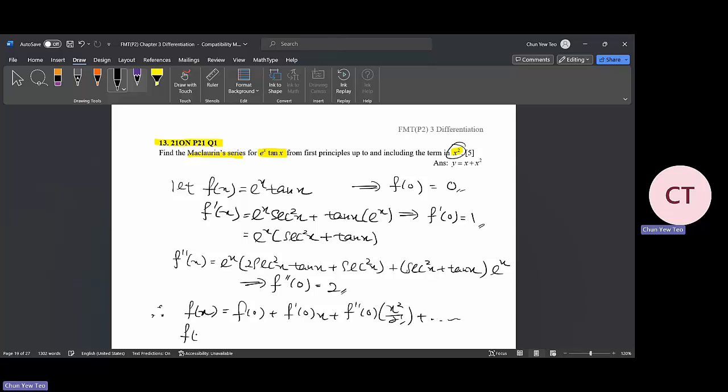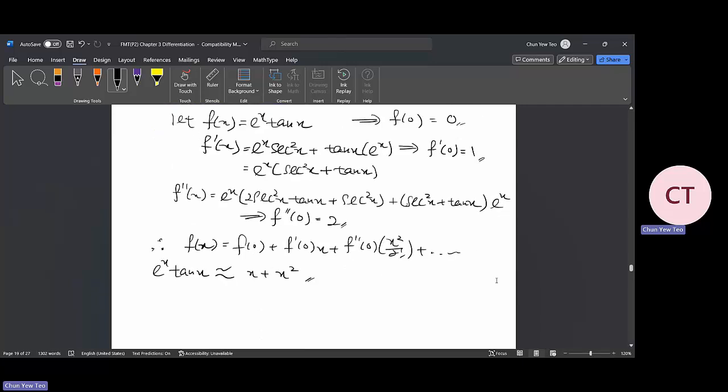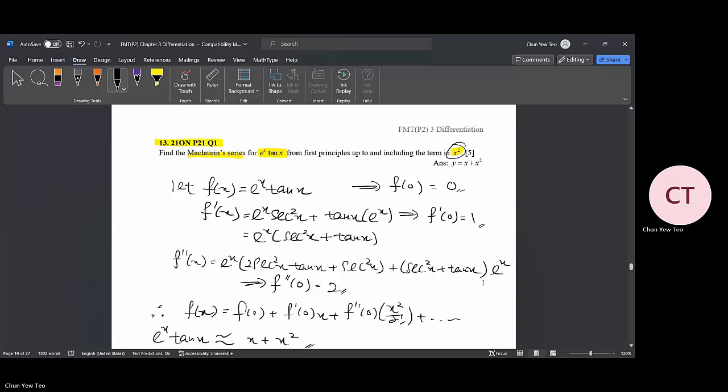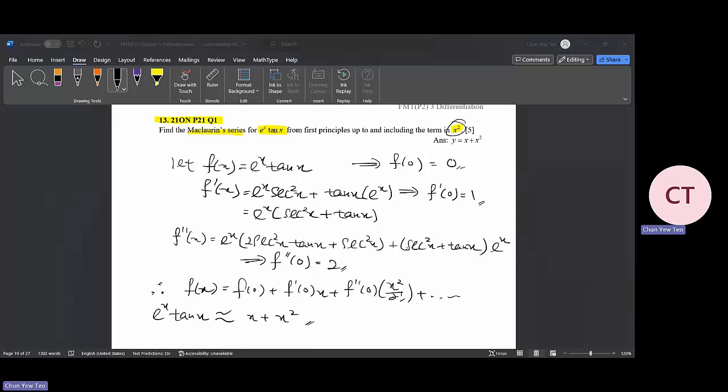Then you can just write an approximation. Your f(x) is e power x tangent x, approximately equal to x plus x squared. Just like that. Okay. Done for these questions. I'll stop the video here.